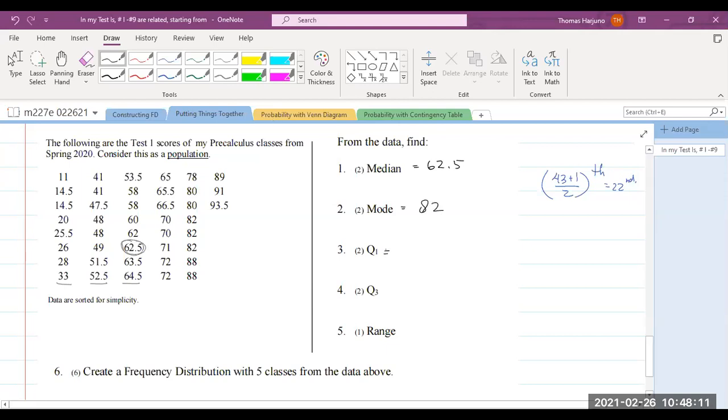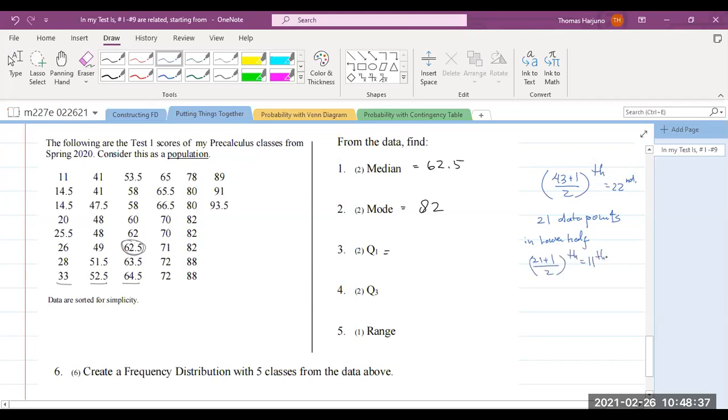And then because data number 22 is the median, it means there are 21 data points in the lower half and upper half. Now then 21 plus 1 over 2, that's the 11th data.